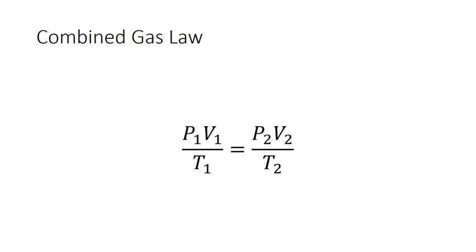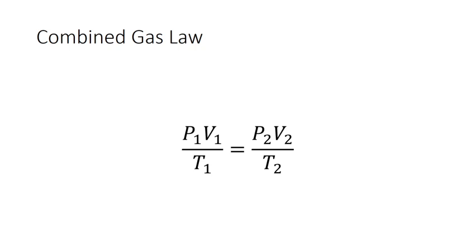Okay, then we get to the combined gas law, which we take PV equals nRT, we rearrange it to say PV over T equals nR, where R is a constant. If we have the same number of moles that we begin and end with, we can find the pressure, volume, and/or temperature of any gas.